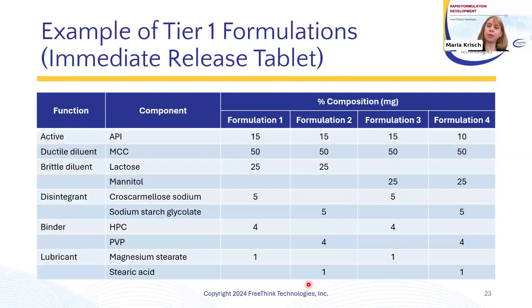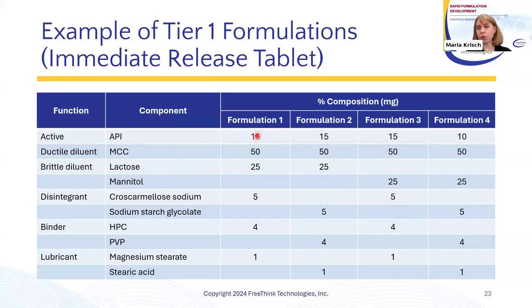So here's an example of what a formulation screen might look like in terms of types of formulations that are tested. Here I have 4 formulations listed out and all of their components based on the function. And what you can see is within this formulation screen of 4 formulations, I have some variation between the brittle diluent, the disintegrant, the binder, and the lubricant.